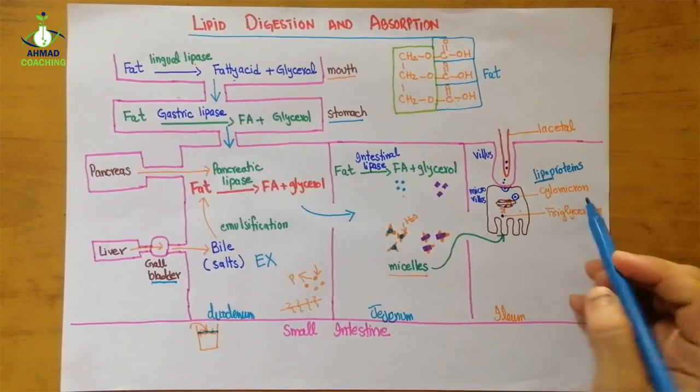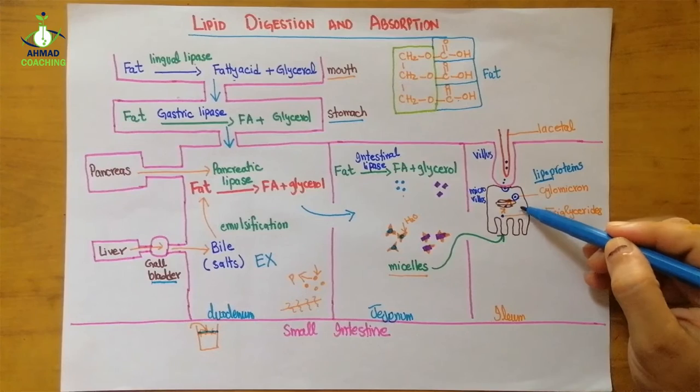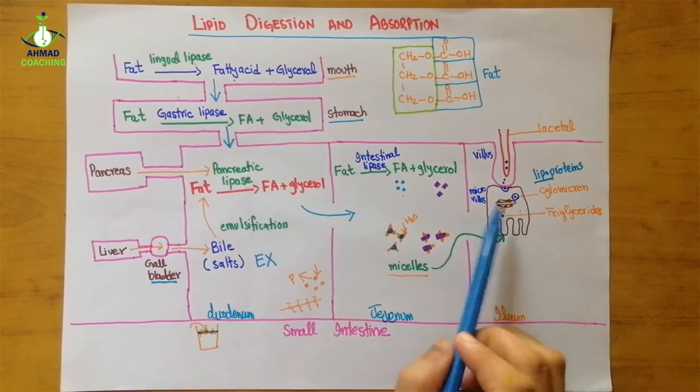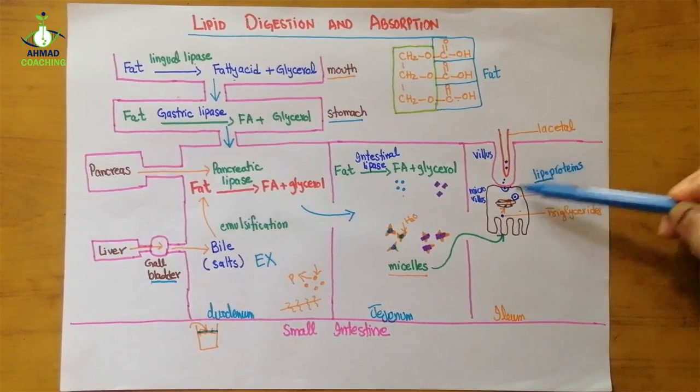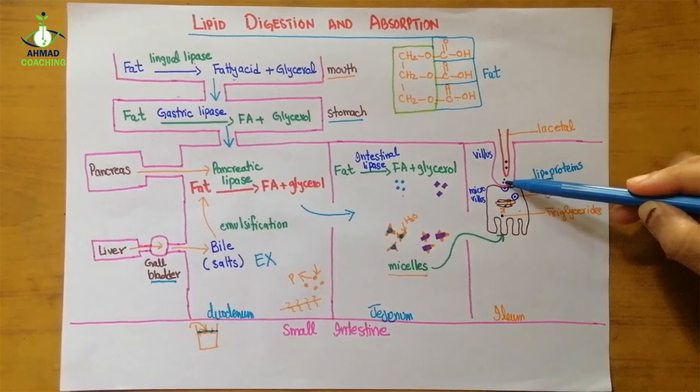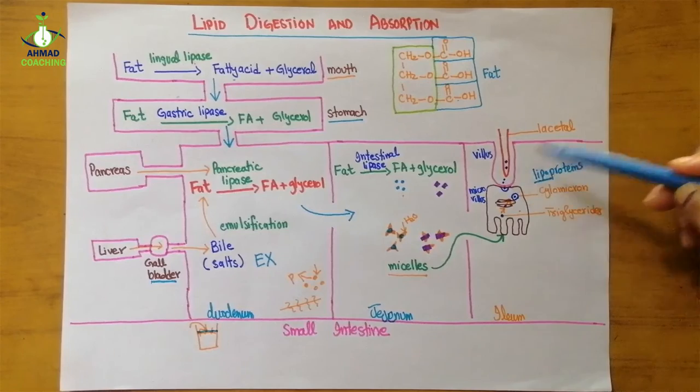This chylomicron is going to take the lipid from one part of the cell to this borderline, and here it is going to fuse with this villus, and then the triglyceride is going to enter into this villus part of the small intestine.